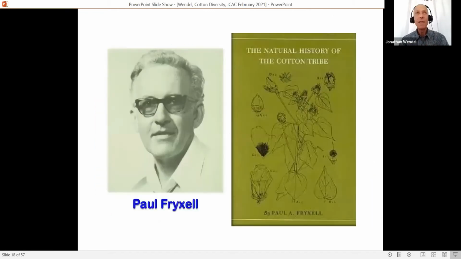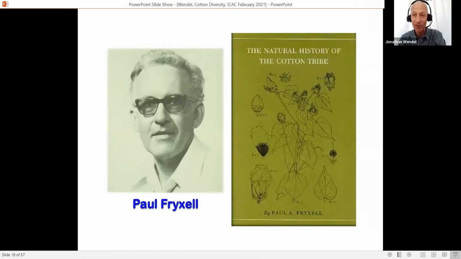And then finally, as my final reference to someone who should be greatly honored by anyone who's interested in cotton, is this man, Paul Fryxell, who was the modern taxonomist, the expert in Gossypium. And Paul unfortunately passed away some time ago. He actually got his PhD at Iowa State University and lived on the same street where my house was for 30 years.